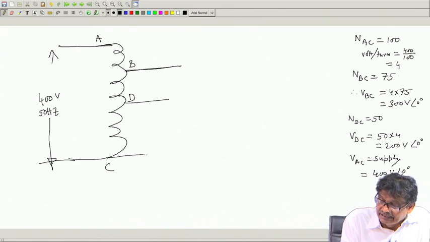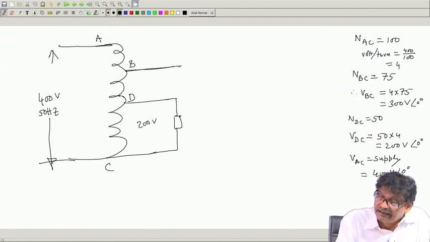Now, I say that I will connect loads here. So, here you will get 200 volt and here you will get 300 volt.